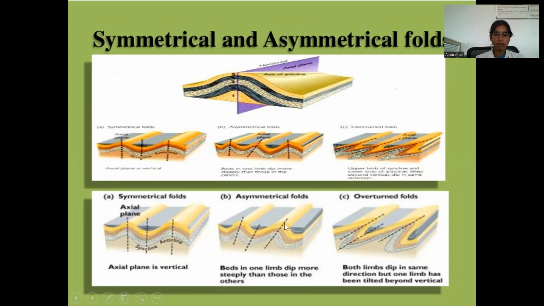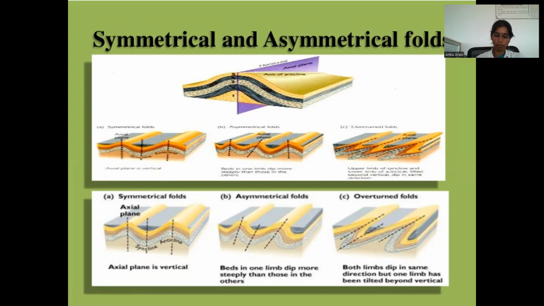That is an asymmetrical fold. Next, overturned fold. Both limbs dip in the same direction, but one limb has been tilted beyond vertical. This is called an overturned fold.